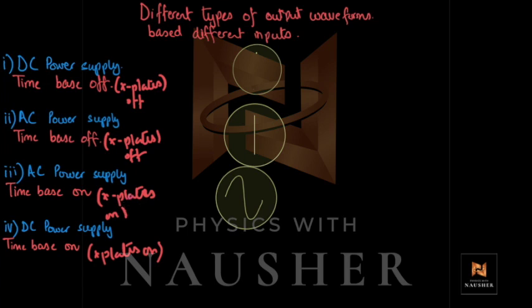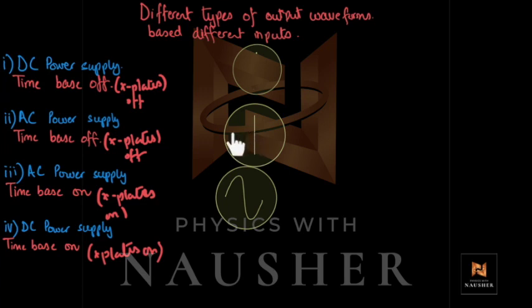So to get an image on the CRO, you definitely need the Y plates to be on at all times. So Y plates off is not even a case. The question is, what will you get if your time base is off, and what will you get if your time base is on? On an AC supply, AC means it's fluctuating up and down.